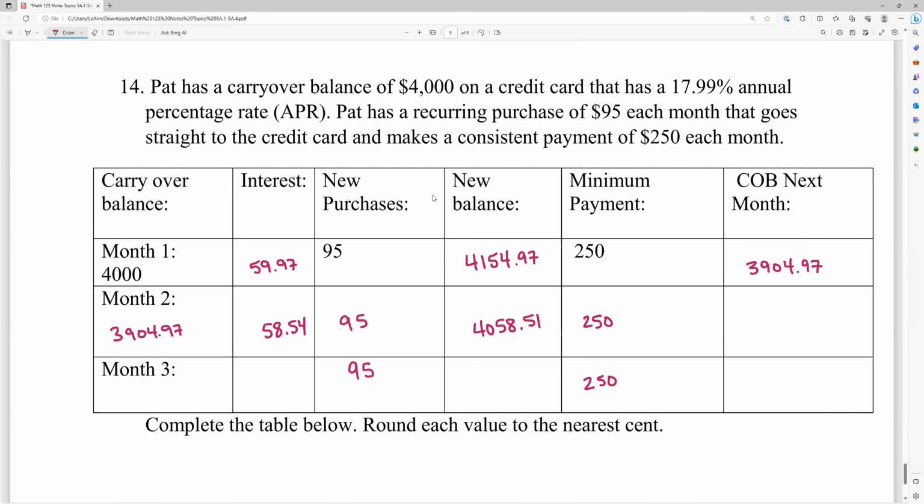Then they're going to make that fixed $250 payment, which puts them at 3,808.51. Notice we have gotten 2 months in. We've already paid them $500, and we've barely even dropped $200 in debt. And that's because the interest rate and the new purchase that we make every single month, that's just keeping that balance from going down, even though we're making larger payments.